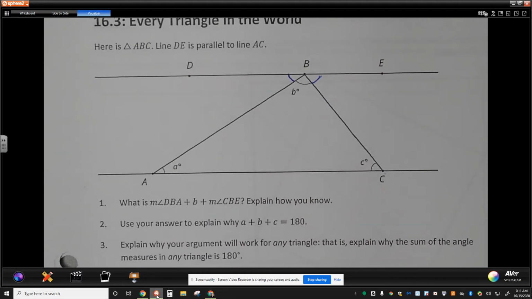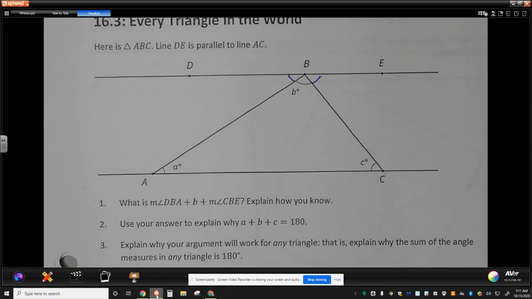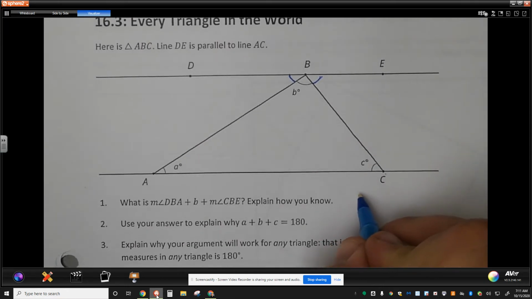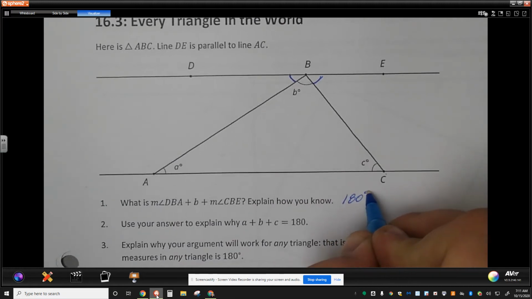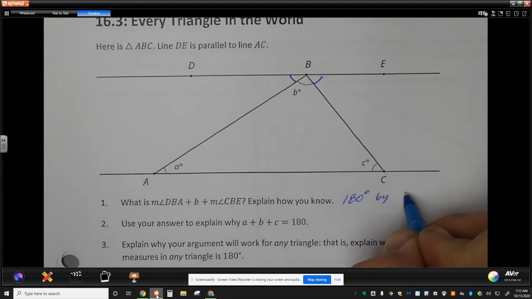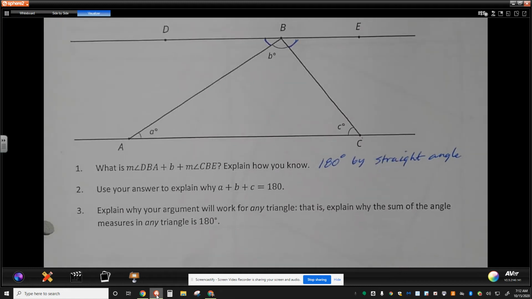In our previous example, we learned that adding those three angles together was 180 degrees by the straight angle theorem. We're going to use our answer to explain why ABC is equal to that. So let's just use the converse of what we did before.